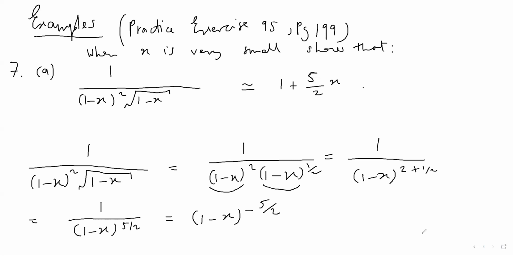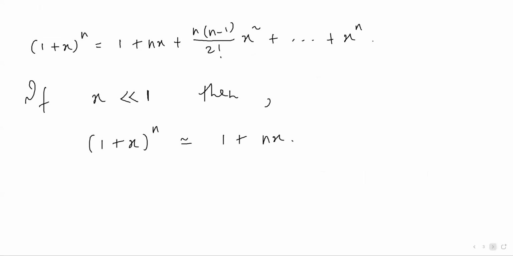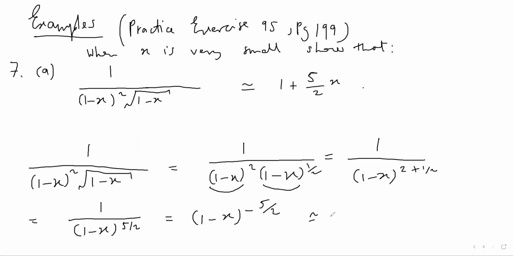Now, to apply the result, we need to note that our n in this case is minus 5 over 2, and in place of x we have minus x. So applying this result, this is approximately 1 plus nx, but in place of n we've got minus 5 over 2, and in place of x we've got minus x.